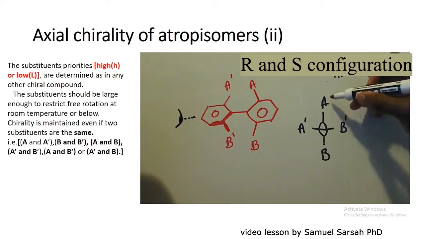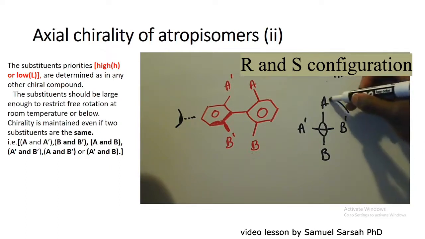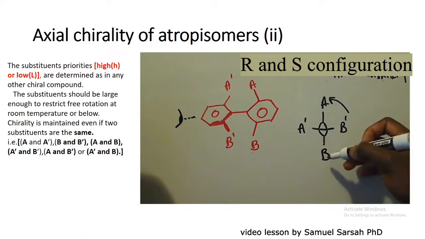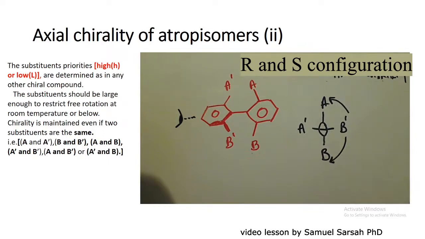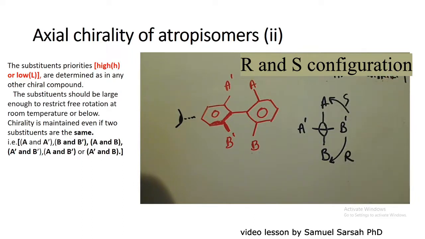If A is higher in priority than B, then I have to go towards A. If B is higher in priority than A, then I have to go towards B. So this will give me S, this will give me an R. So let's try with a specific example.